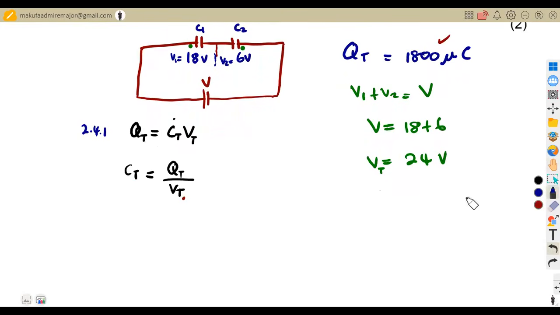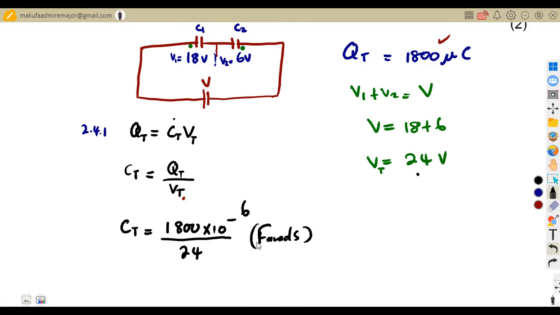We have got our total charge. So that means the total capacitance is going to be the total charge, that's 1,800 times 10 to the exponent of -6, remember, micro, that's times 10 to the exponent of -6, over the total voltage of 24 volts. Remember, our capacitance is measured in farads, all right?